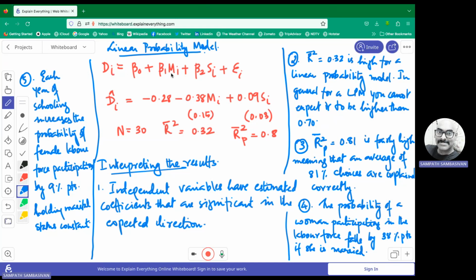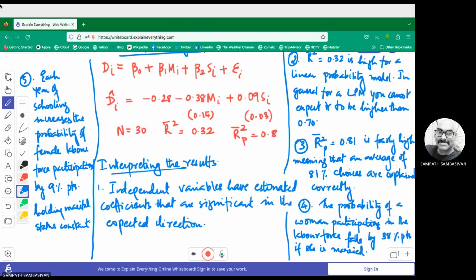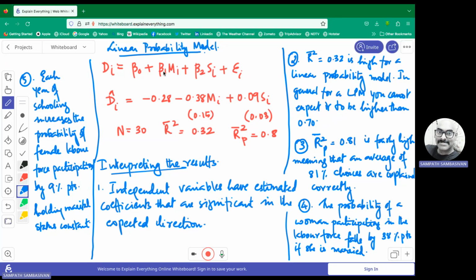And this Mi indicates the marital status of the woman, right? It indicates the marital status of the woman. Okay, and this Si represents the number of years of schooling, right? Si represents the number of years of schooling of the ith woman, right? So these are the three variables that are considered.